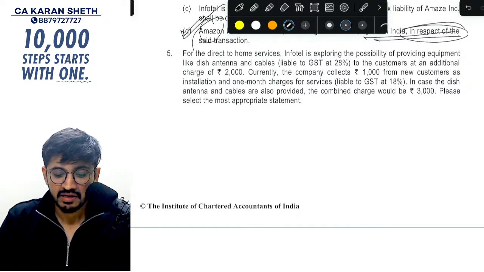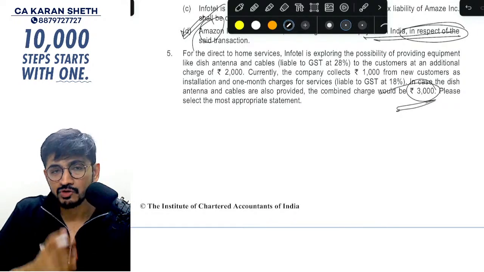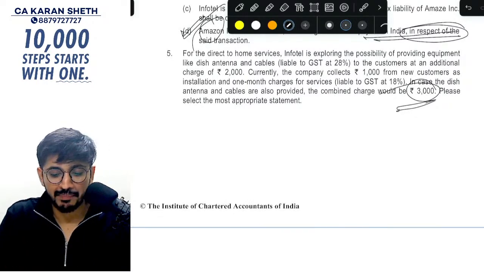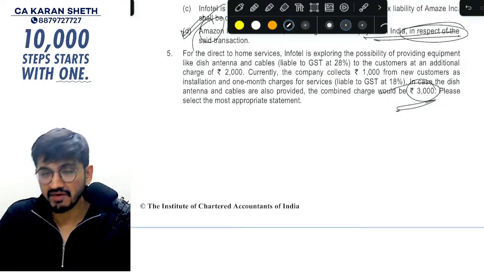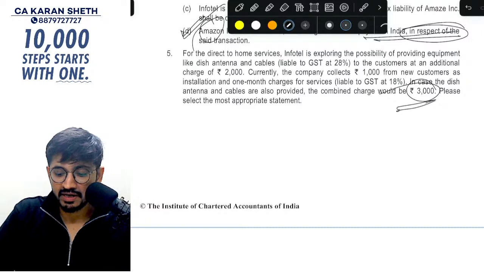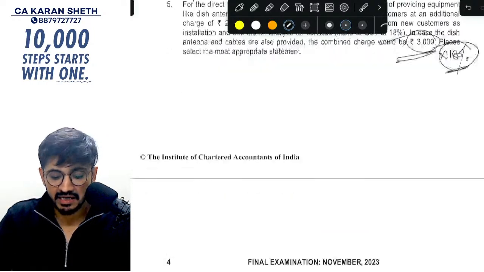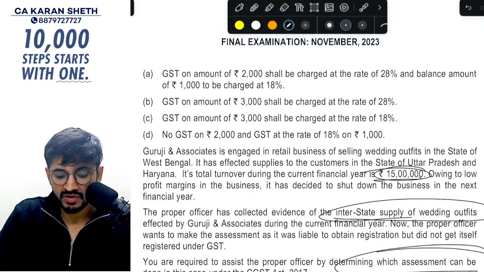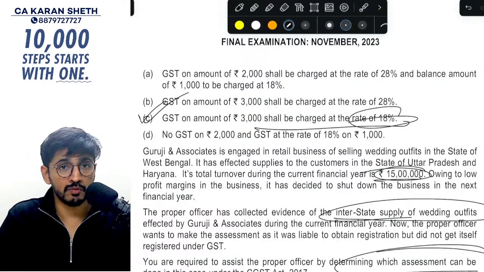Now understand, here the combined charge is 3,000, and what they are actually giving is a composite supply, where the principal supply happens to be, my dear friends, the D2H services that they are giving, and not the equipment or something like that, right? And which is why, my dear friends, the rate that will be applicable will be 18%, and that is what is being asked, that GST on 3,000 shall be subject to 18%, because it's a classic case of composite supply.